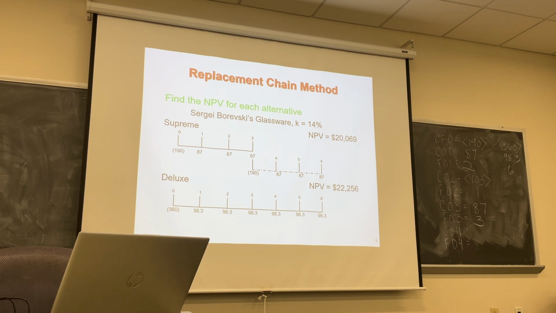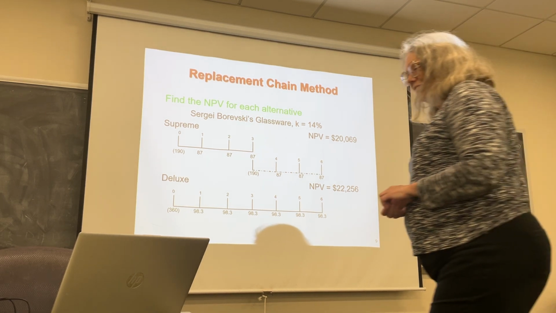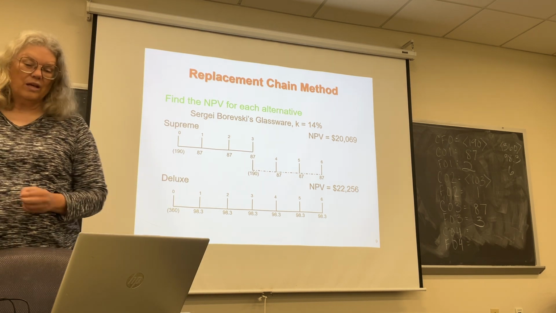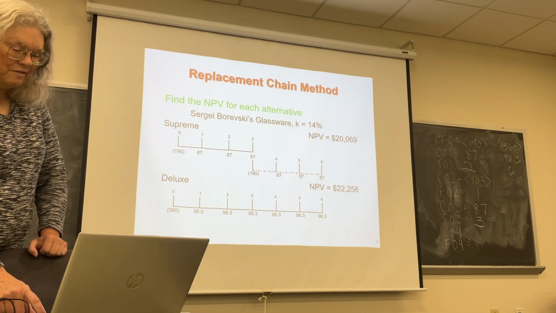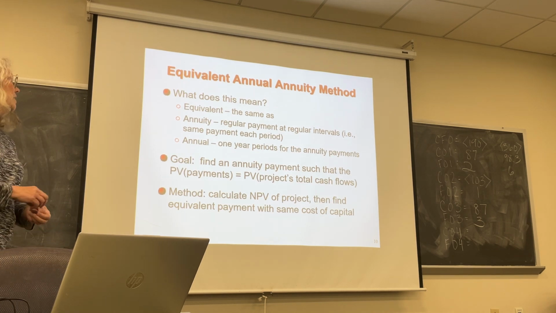What else? What if you're evaluating 7 projects? This begins to get quite complicated. You can do it on a spreadsheet, but it's a mess. So the second method gets away from those concerns.